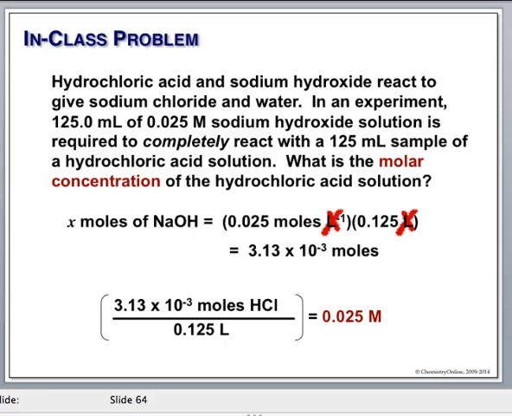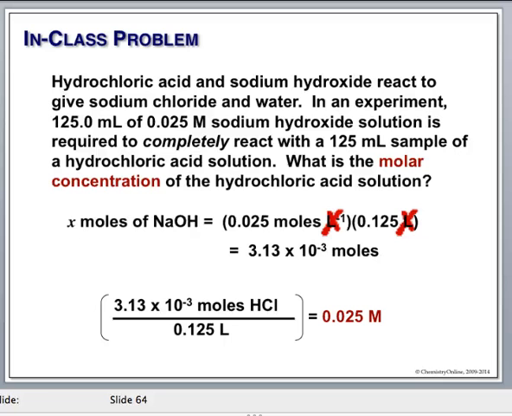Now this was actually a test question, really was. And virtually everybody in the class did all these calculations. But did they have to? No. Think about it. We have the same volume of both, don't we? 125, 125.